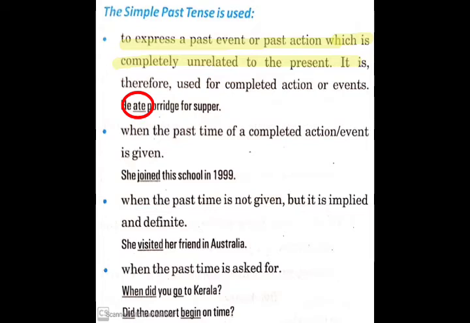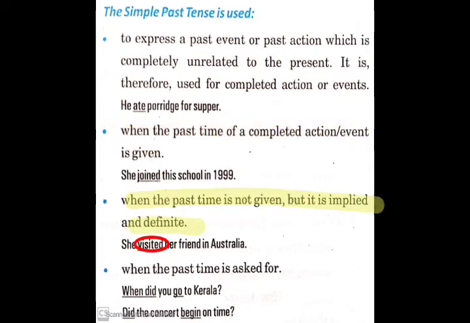For example, he ate porridge for supper. Okay. When the past time of a completed action or event is given. So when we know that when that action completed and it is some time event of past, then we use simple past tense. For example, she joined this school in 1999.